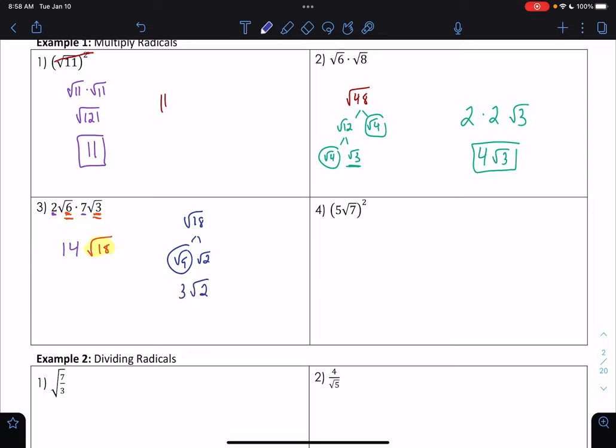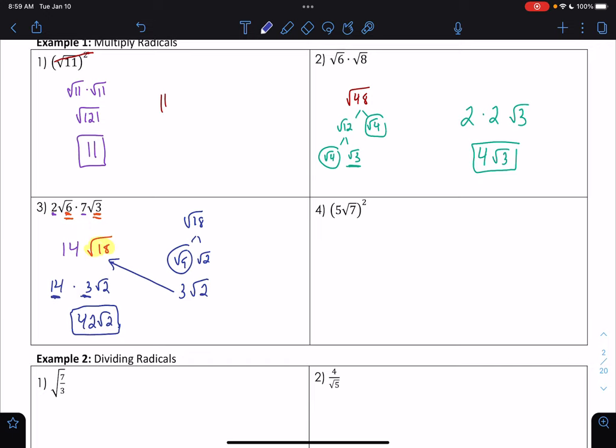So really what we have here is 14 times 3 square roots of 2. Then we still have to multiply the 14 and the 3 together to get 42 square roots of 2. So we can multiply what's outside the radical together, inside the radical together, but then we still need to simplify at the end of the day.